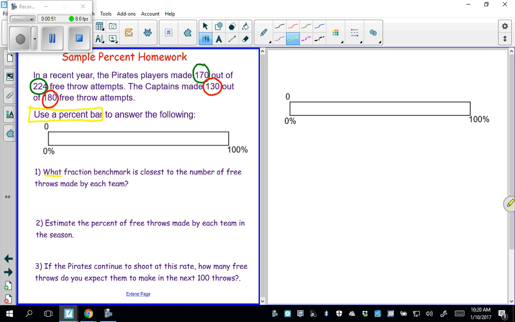First thing we want to do is find out what fraction benchmark is closest to the number of free throws made by each team. So I'm going to use this percent bar, and I'm going to focus on the Pirates.